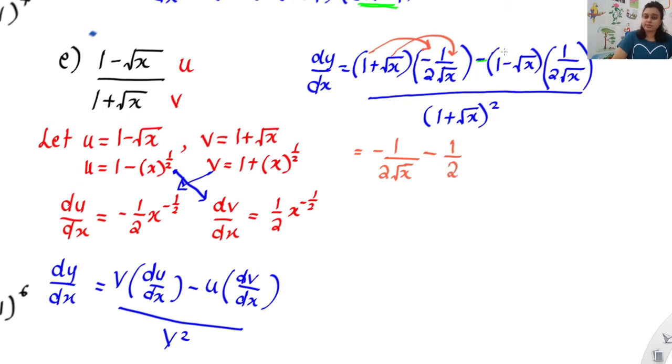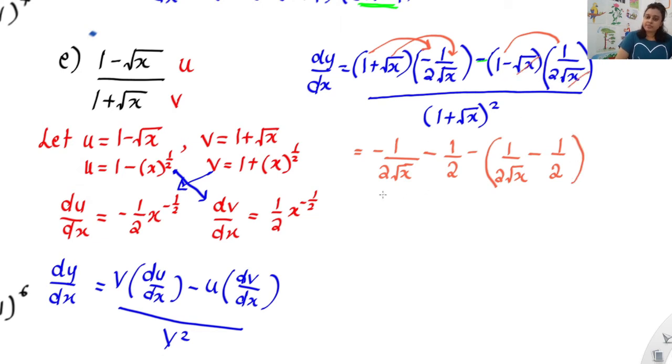Now focus on this. 1 times, so minus, put bracket. 1 times 1 over 2, so you'll get 1 over 2 square root x. Then here, negative times this, you will get minus 1 over 2. Done, because this one and this one already cancel.